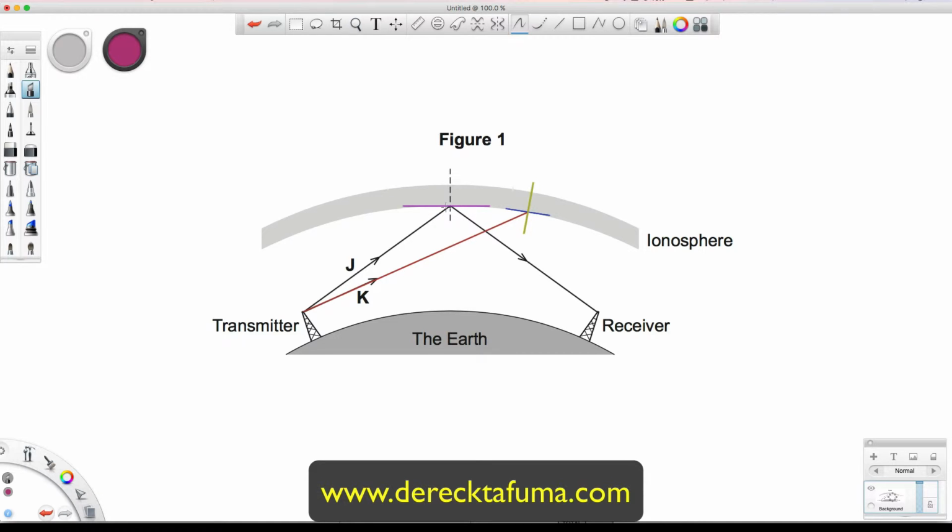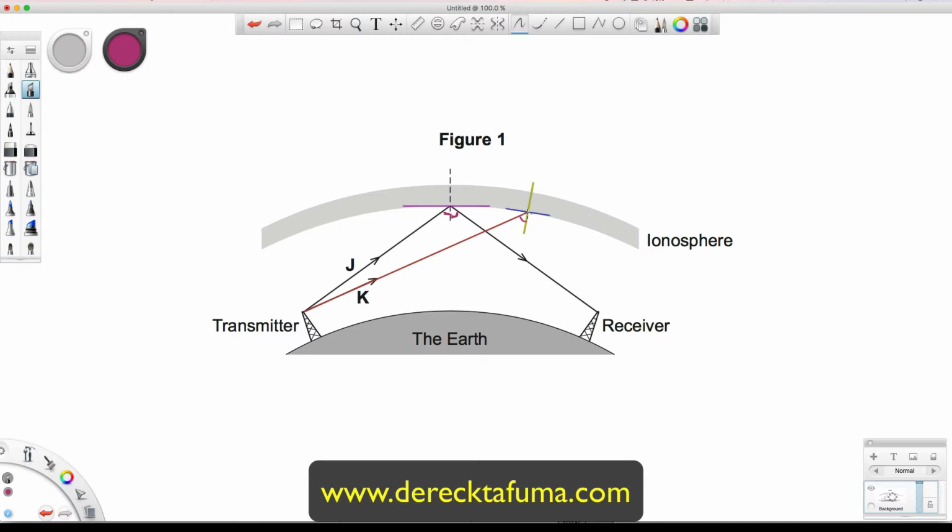Right, so this angle between J and the normal should be equal to this angle for reflection to take place. So the same thing is going to happen here. We're going to have another line here whose angle is going to be the same as this angle.